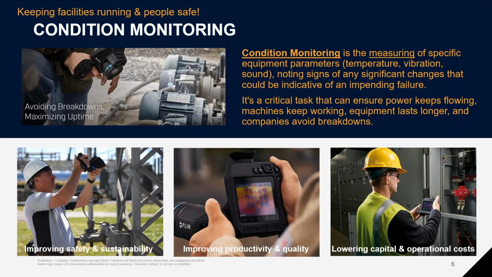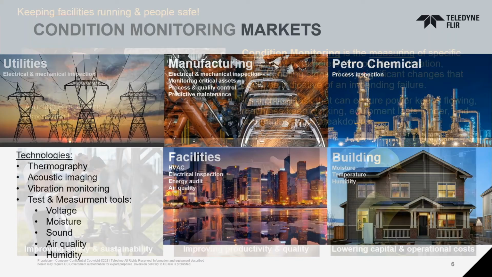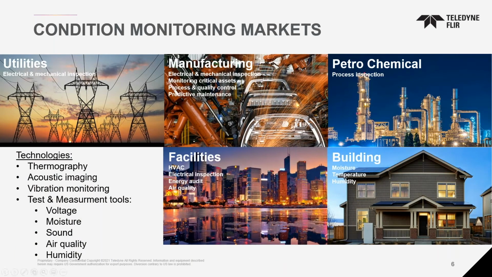That way you avoid any interruption of production, improve the safety, and obviously lower the costs for operation. You don't want to have downtime at the worst time. The markets we'll be looking at today are utilities, manufacturing, for welding and all kinds of things, and petrochemical facilities. So the technology of condition monitoring does cover all these different segments.